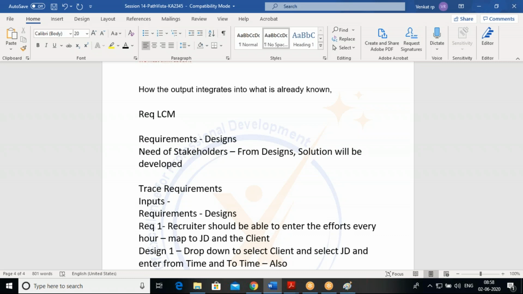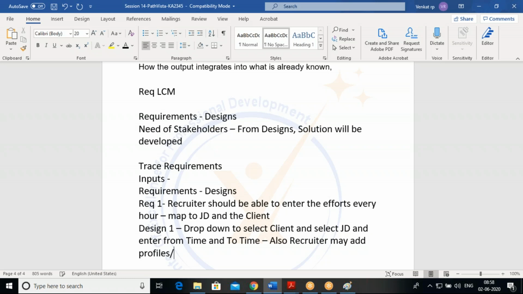Also the recruiter may add profiles or resumes for that JD.